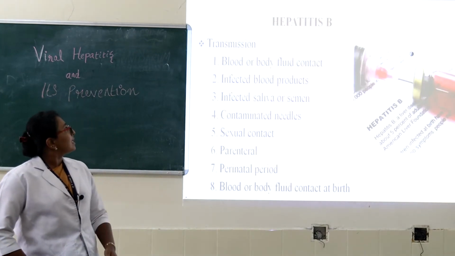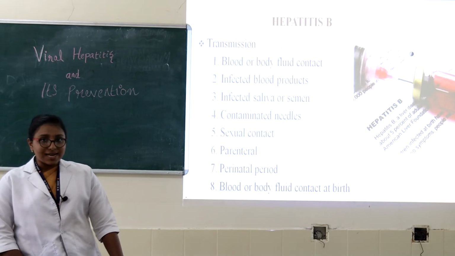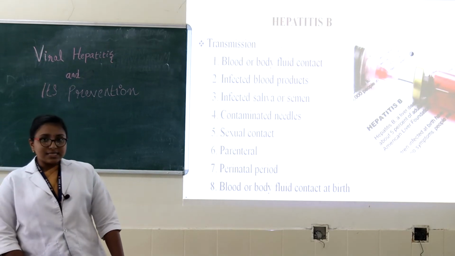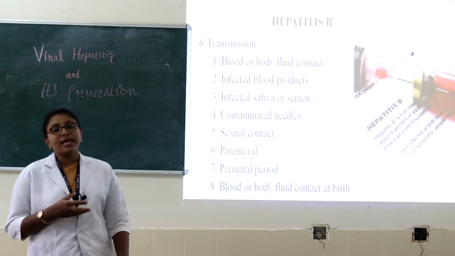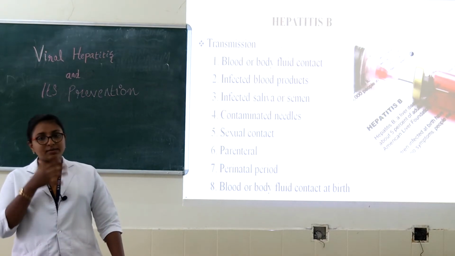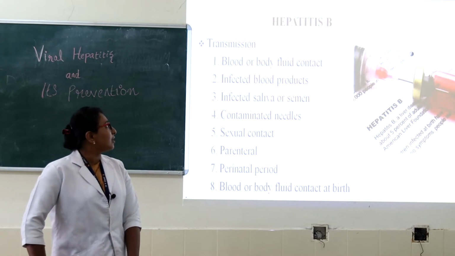Then we can see how this hepatitis B is transmitted. I told you that it is found in body fluids. So with contact with blood and body fluids of someone infected with hepatitis B virus, there is a high risk of getting this.